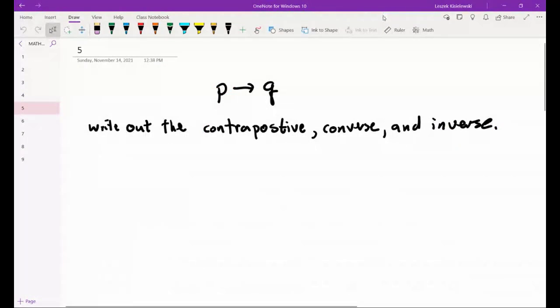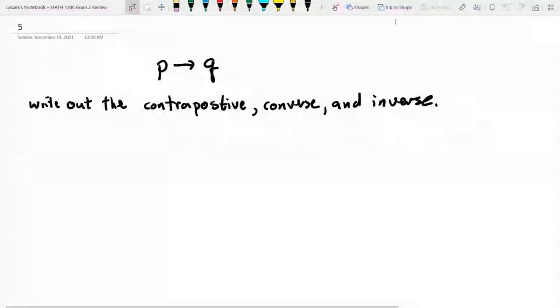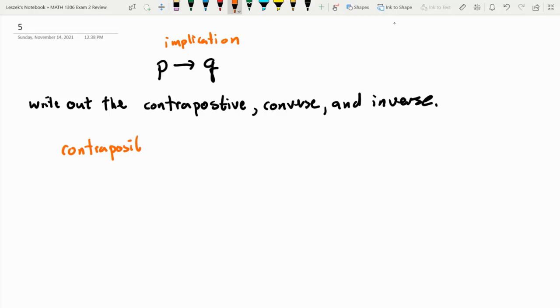Oh yeah, so let's just talk about an implication here. And so this is just reviewing some terminology. So this is an implication. P implies Q. And we already talked about the contrapositive. So contrapositive is equivalent to the implication.